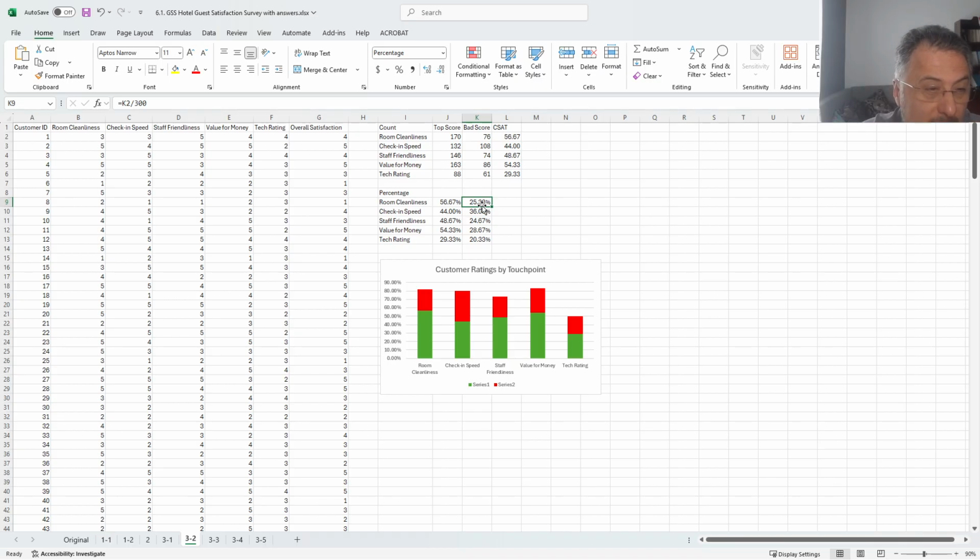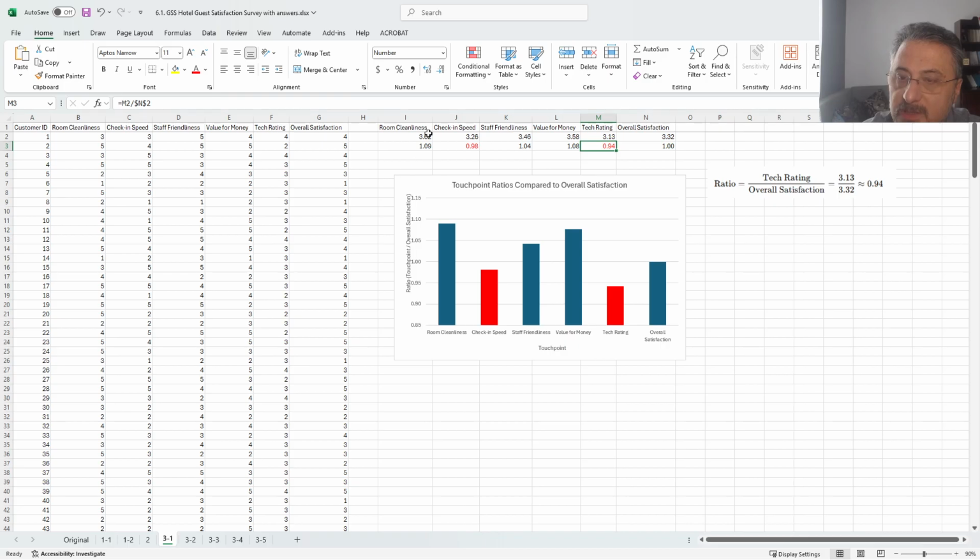So while room cleanliness is generally performing well, once again, relatively, because what was the average score? It is 3.62.